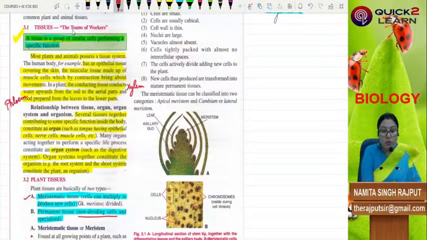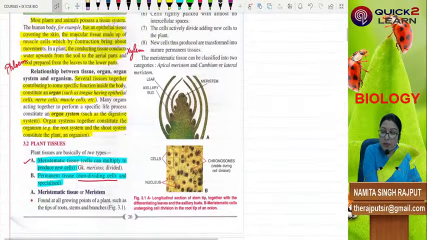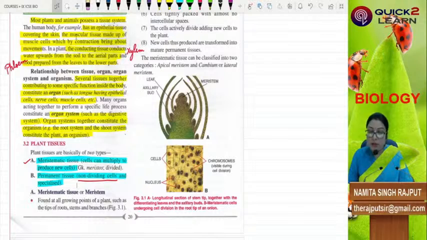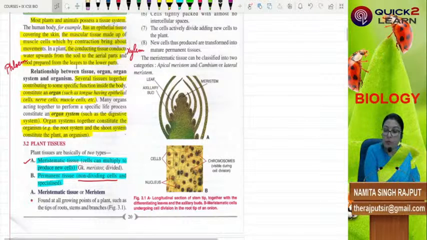Okay. So now we are going to study meristematic tissues, or the meristem. Meristematic tissues are also known as meristems, and they are found at all the growing points of a plant. Wherever in a plant growth occurs, meristematic tissues will be present, because they are responsible for growth.